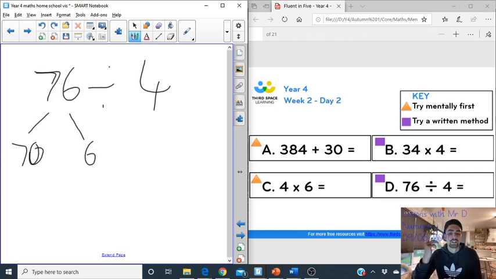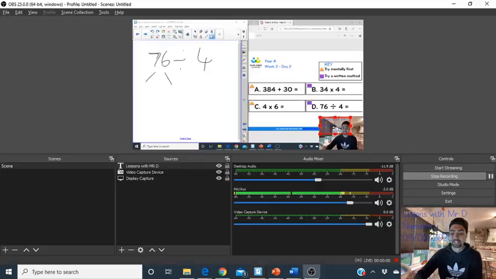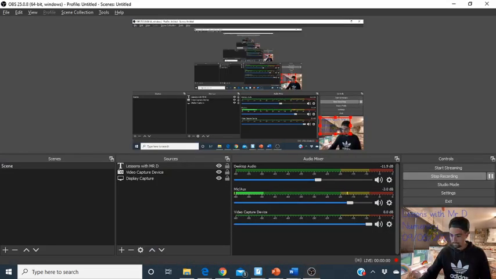You'll recognize the pattern, or you could do your 4 times table and you know that 70 won't go into 4. So you're going to have to partition it a different way if you're going to use this method. So what we said is that we've got to get the biggest 10 that I can get from 76.